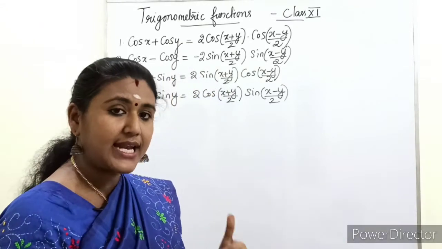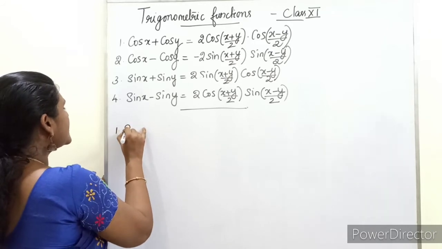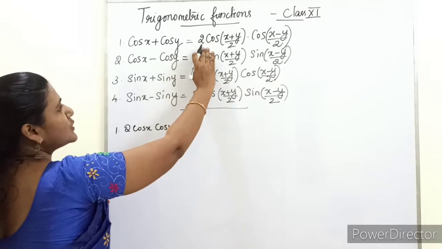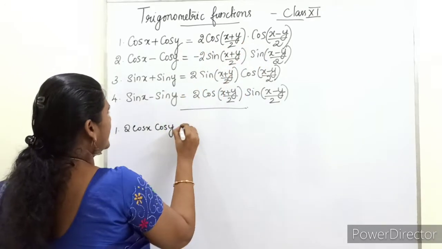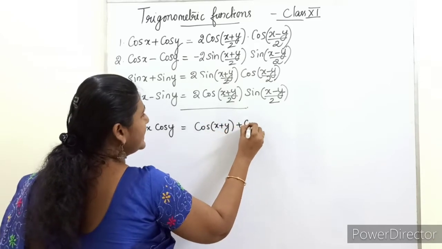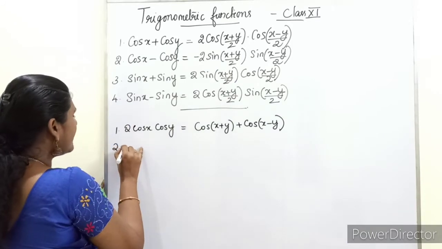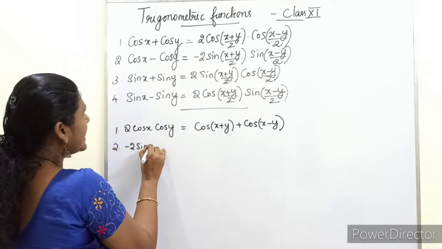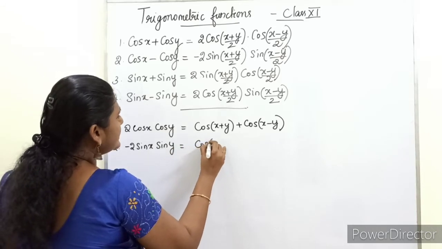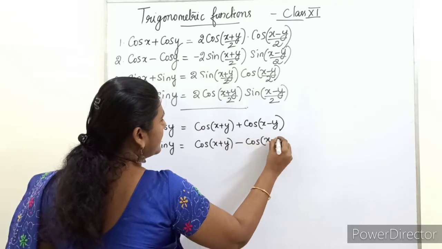Next we have another set of formulas. Now we will see the next set of formulas, that is 2 cos x cos y. So what is the formula? The reverse. So 2 cos x cos y is equal to cos (x plus y) plus cos (x minus y). Next, the second formula, minus 2 sin x sin y is equal to cos (x plus y) minus cos (x minus y).